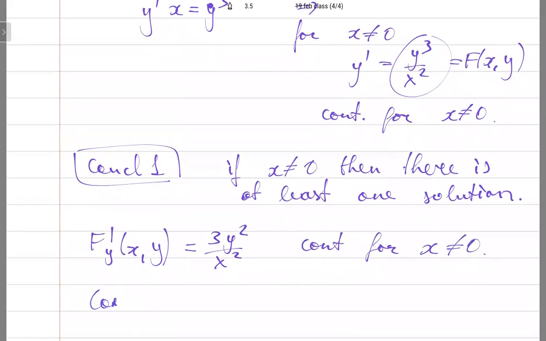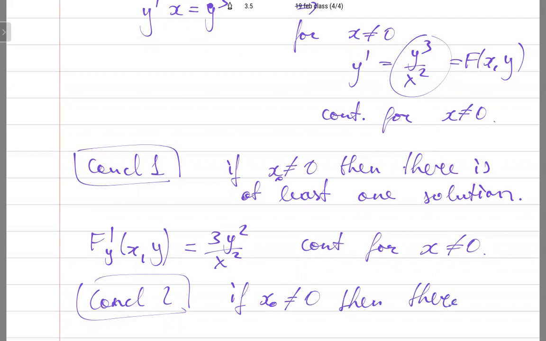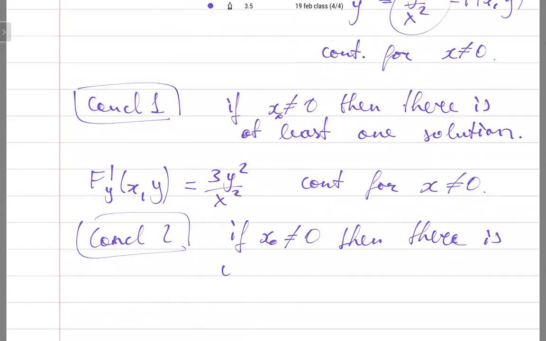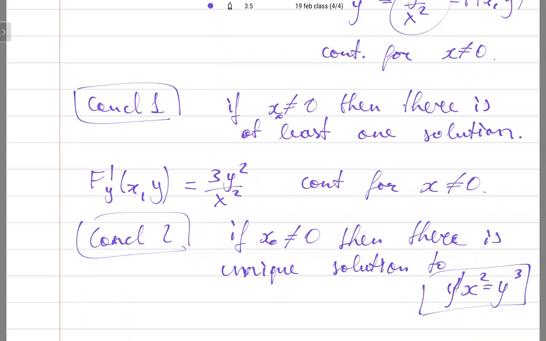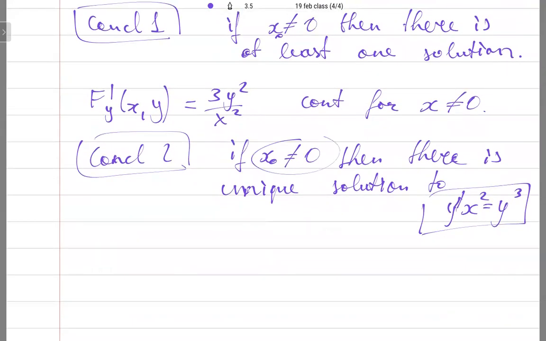So I have conclusion 2. If x0 is not equal to 0, then there is a unique solution to my equation y prime x squared equals y cubed. Okay, so we have solved this case.